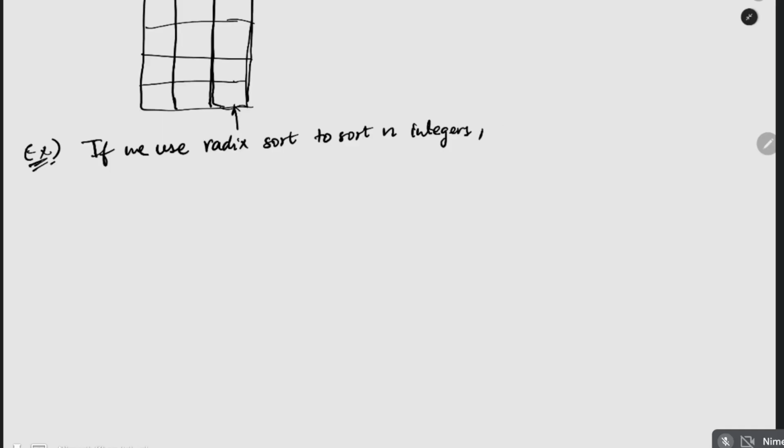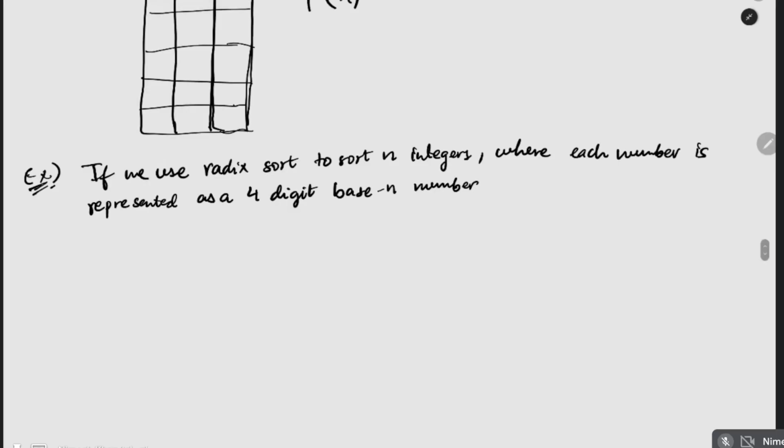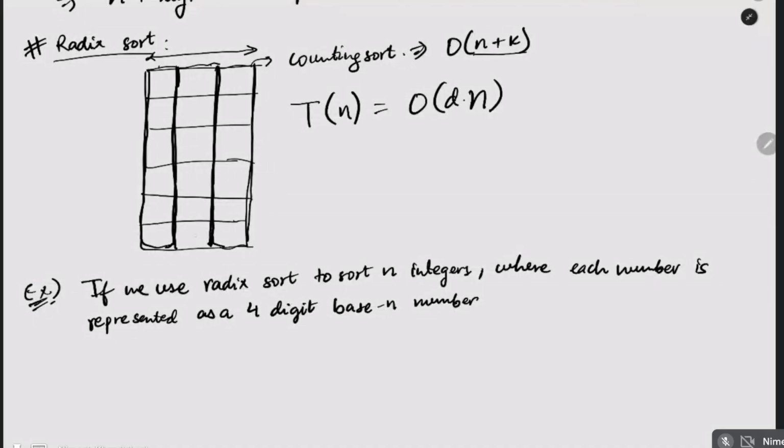If we use radix sort to sort n integers, where each number is represented as a 4-digit base n number, then again, we create bases, and every base contains a certain number of digits.